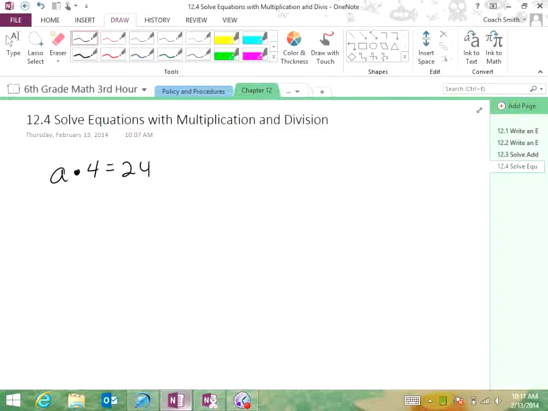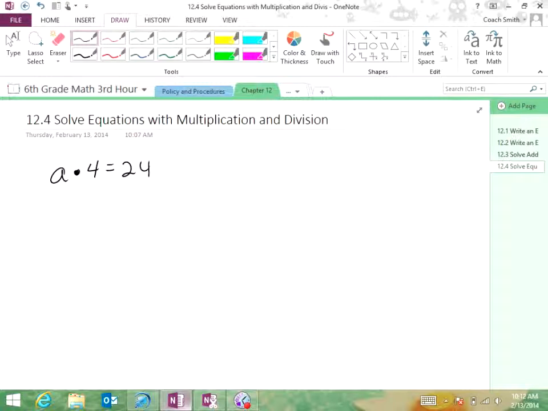So what'd you try to search? Well, 12.4 is not going to be on there. We're just doing it today. Well, I did 12.3. Yesterday? And you put what? What'd you put for the title? 12.3 solve add and subtract equations.